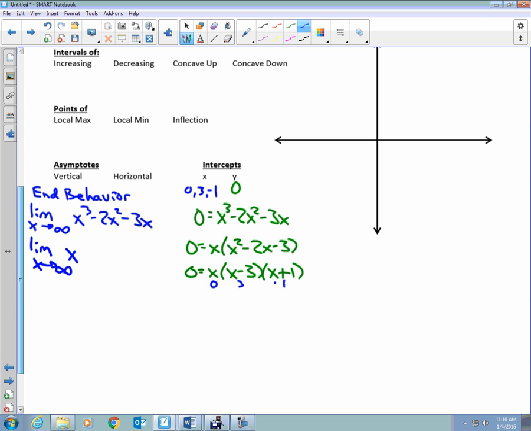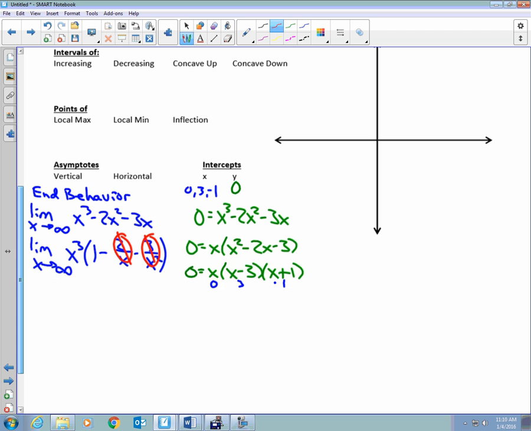And you get x to the third times 1 minus 2 over x minus 3 over x squared. What happens here? This goes to 0, and this goes to 0. So you have 2 over a very large number, 3 over a very large number, it's going to be 0.